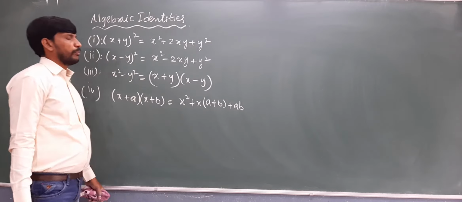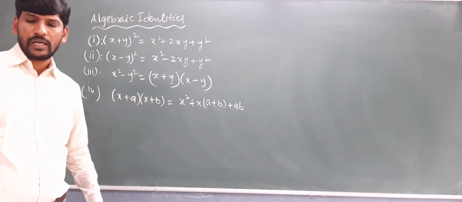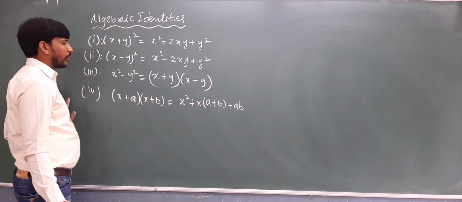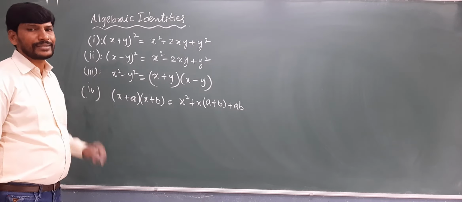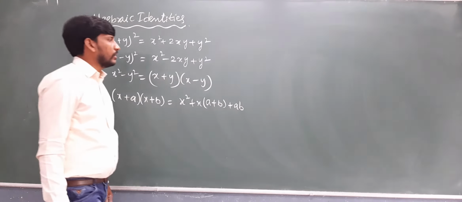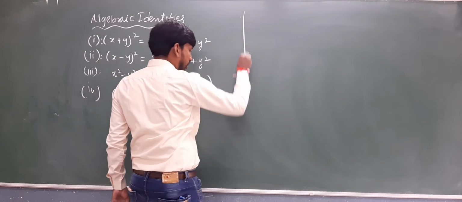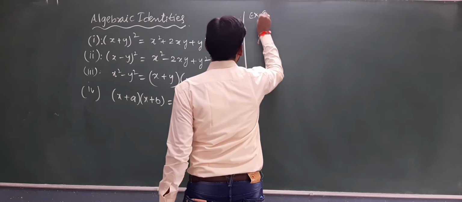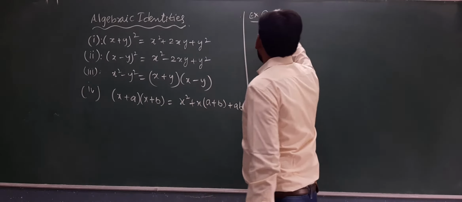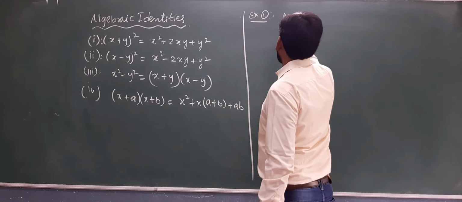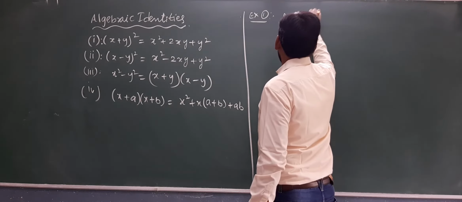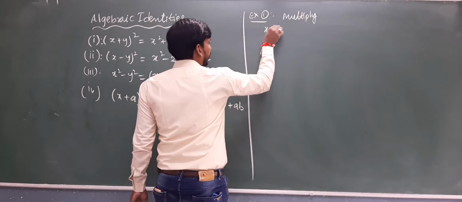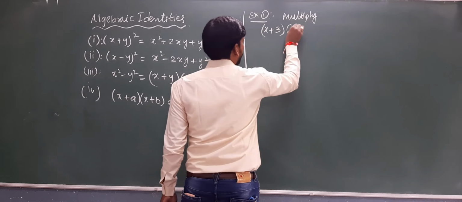These are the 4 basic identities in your algebraic identities. Okay, so by using these 4, we are going to discuss some examples. Now example 1. Okay, just multiply x plus 3 into x plus 3. See this here.